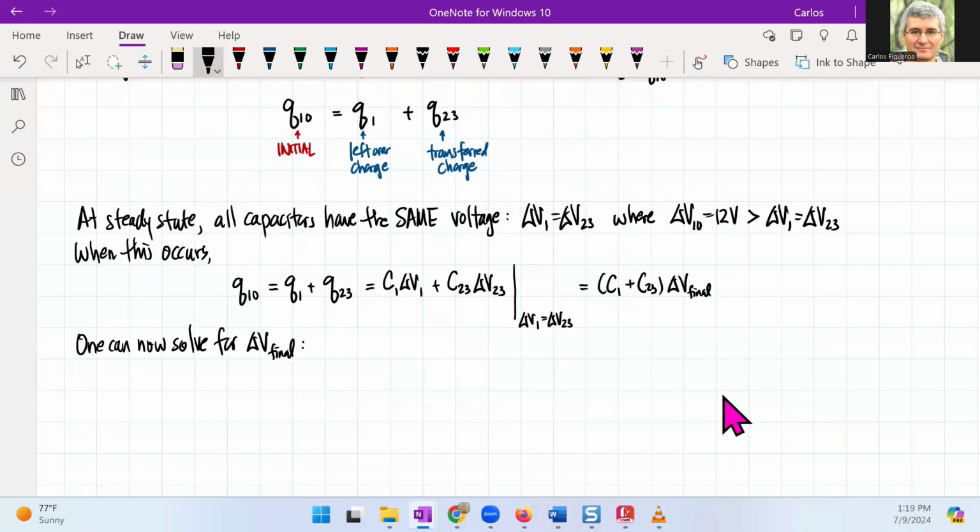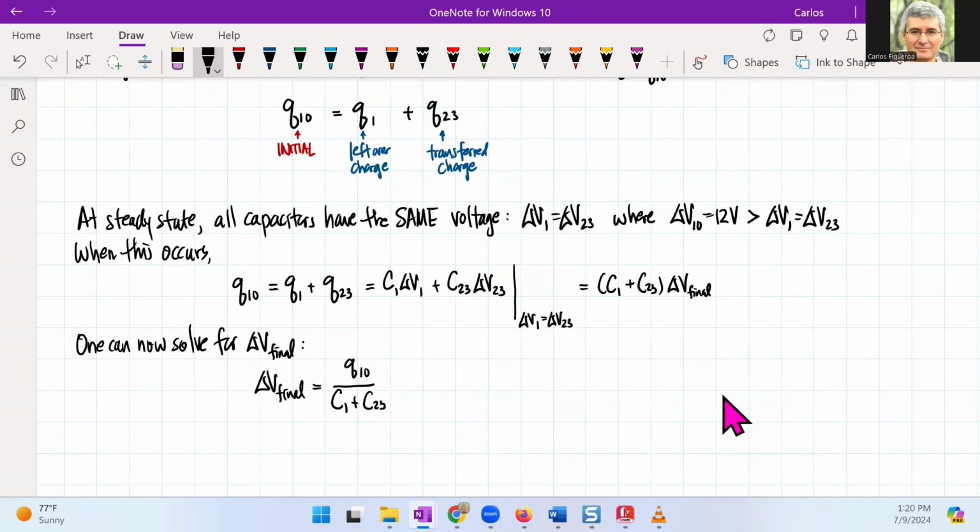So the final voltage is going to equal the total initial charge divided by the sum of the capacitors.